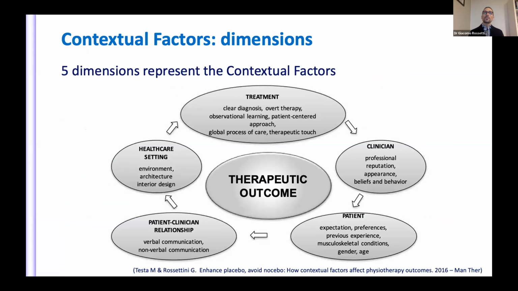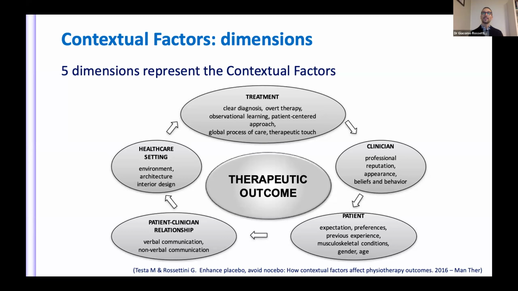From a clinical perspective, contextual factors fall into 5 broad categories of dimension that you see represented in this graph. On the one hand, we have the characteristic of the clinicians with their professional reputation, appearance, beliefs, and behaviors. On the other hand, there are the patient's characteristic with their expectation, preferences, and beliefs and previous experiences.